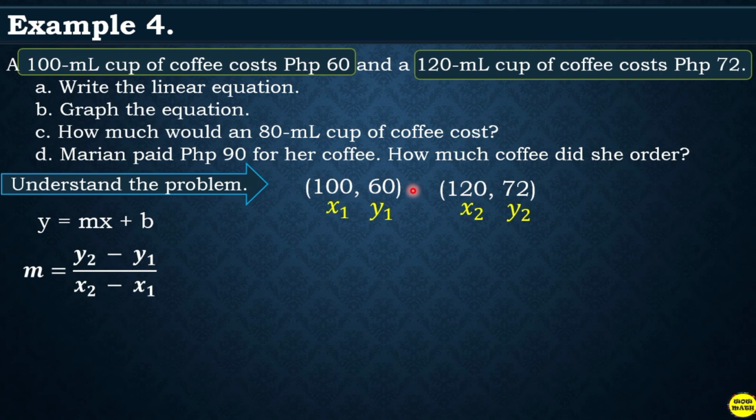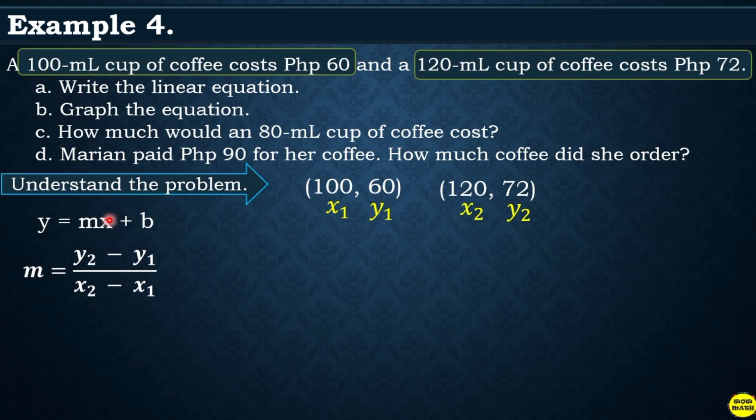So, kung babalikan nyo yung pinakaunang slide natin, di ba pinakita ko yung mga formulas, point slope, two-point form, point slope form, and then yung slope intercept form. So, yun ang mga pwede nyong gamitin para mahanap natin ang linear equation. Okay. So, since given itong 2 points, pwede mo gamitin yung 2-point form. Substitute nyo lang tong values, pwede nyo siya gamitin. Now, pwede rin nyo gamitin itong slope-intercept form.